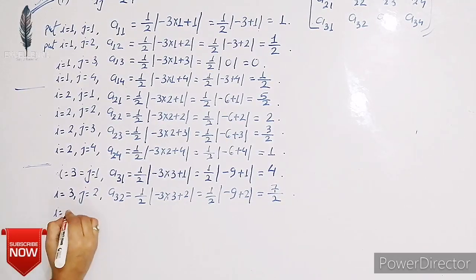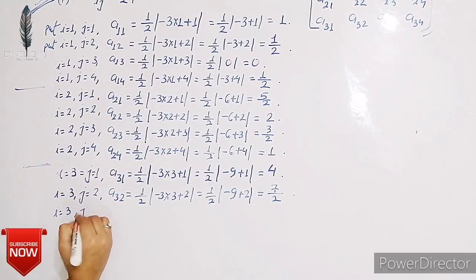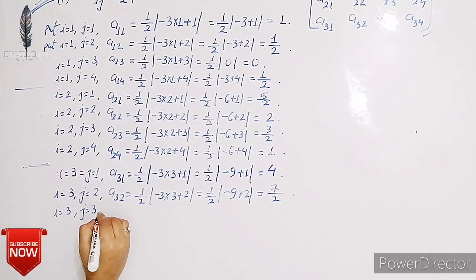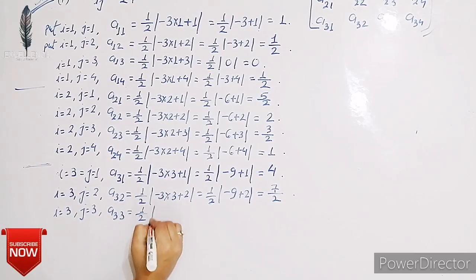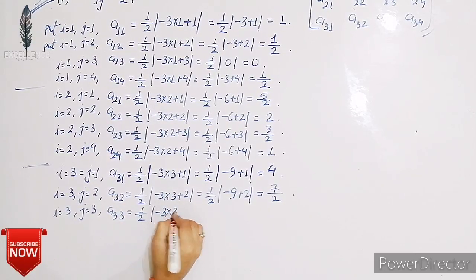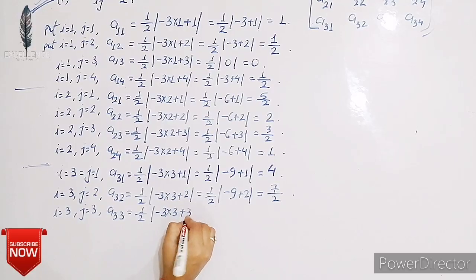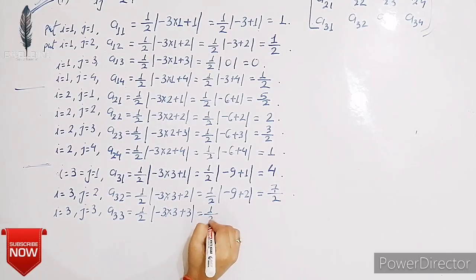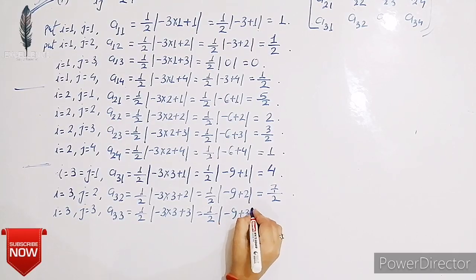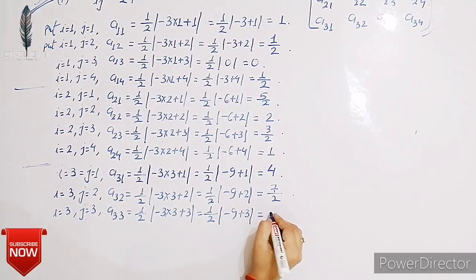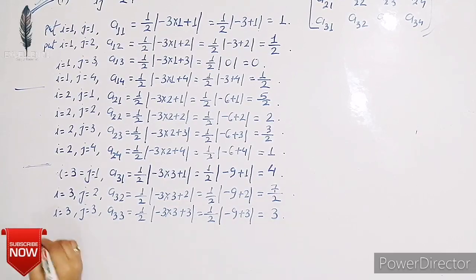For next, put i equals 3 and j equals 3, that is A33 is equal to 1 upon 2 in mod, minus 9 plus 3, that is equal to 6 upon 2, is equal to 3.